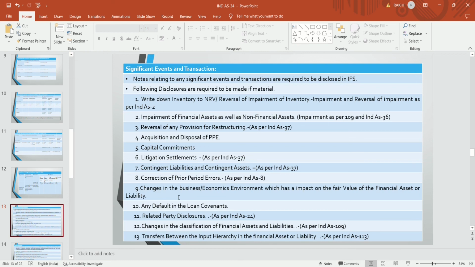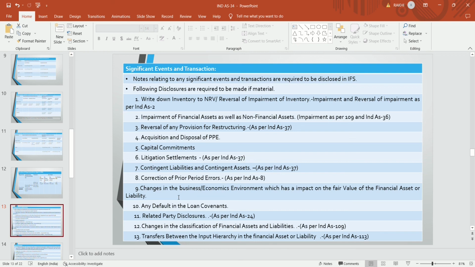And if unquoted shares are there, they are valued as per break even, book value, like fair value as per the financials. And some are required to be valued as per the valuation done by the valuer. So these are the transfers between input hierarchy in the financial assets or liabilities.